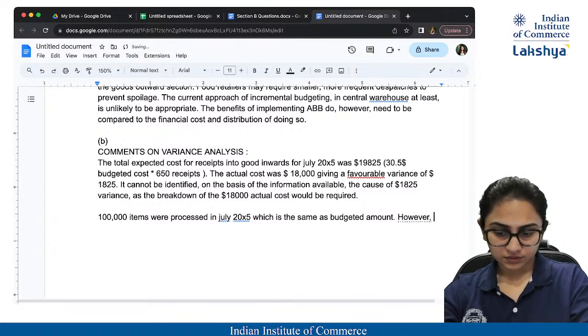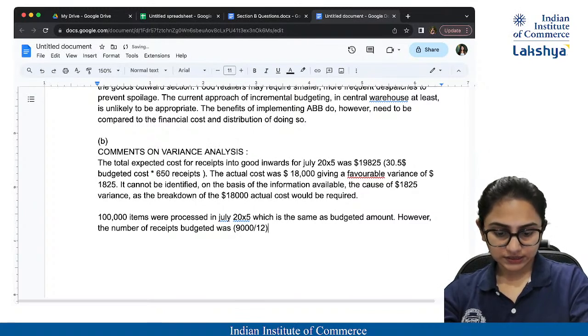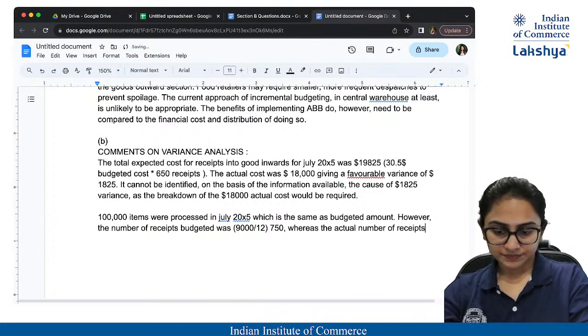However, the number of receipts budgeted was 9,000 divided by 12 months, that is 750. Whereas the actual number of receipts was only 650. It's given in the question.